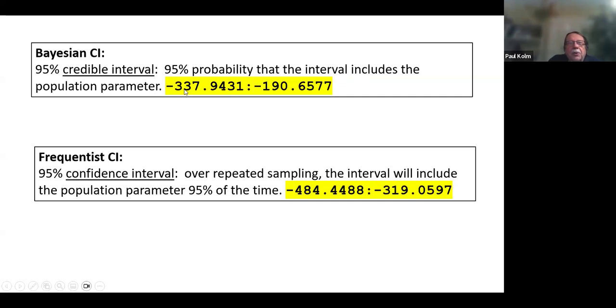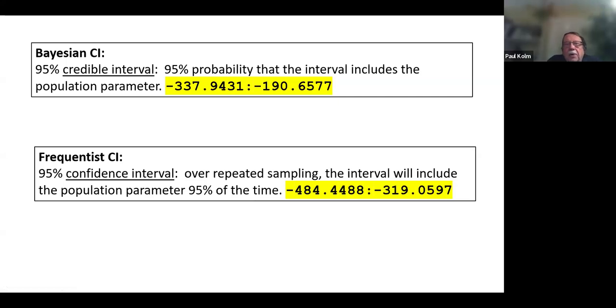So it was minus 337 to minus 190. From the frequentist standpoint, a 95% confidence interval means that over repeated sampling, the interval will include the population parameter 95% of the time.